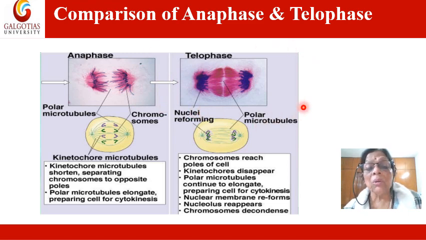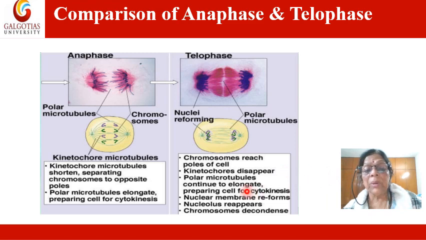And during telophase, what happens? The chromatids have moved to the two poles, and now the nuclei start reforming. The polar microtubules start elongating and separating the whole nuclear setup into two. So this is the diagrammatic presentation of the same. Chromosomes reach the poles of the cell.